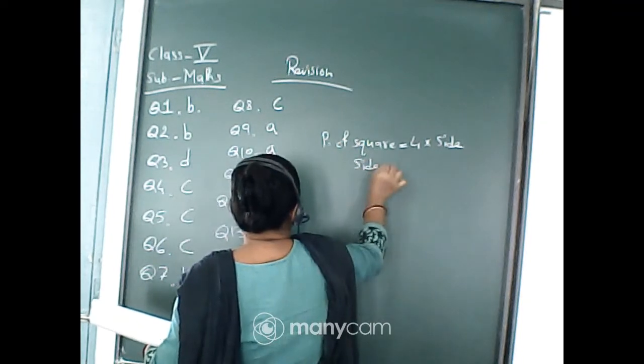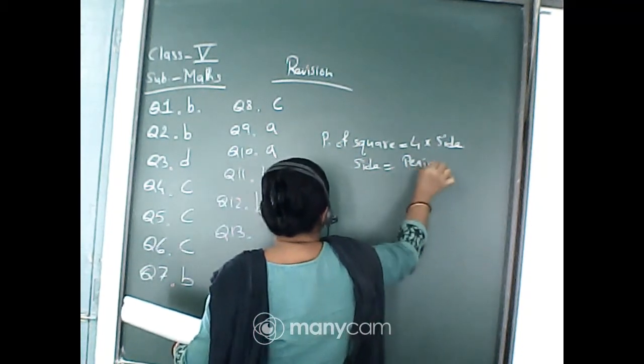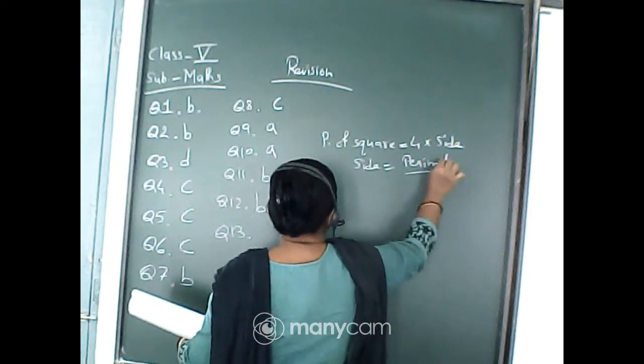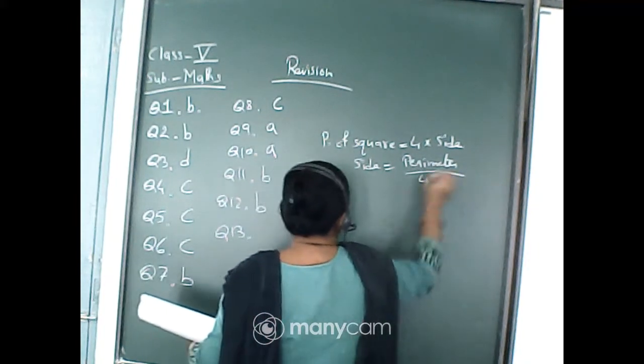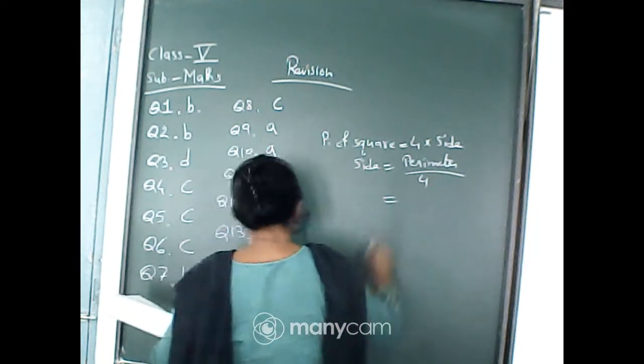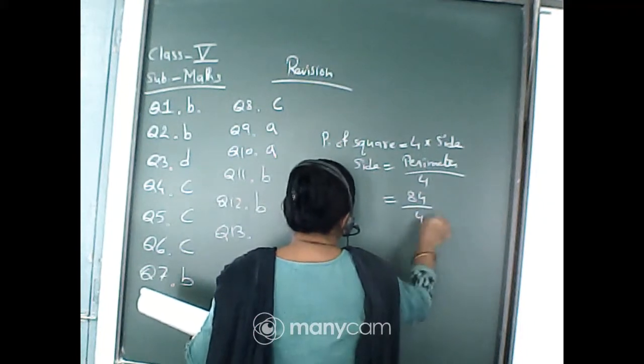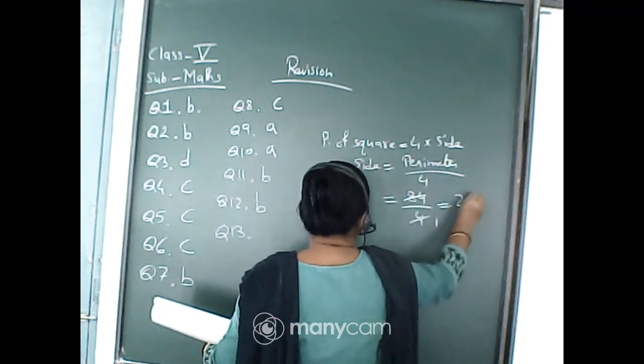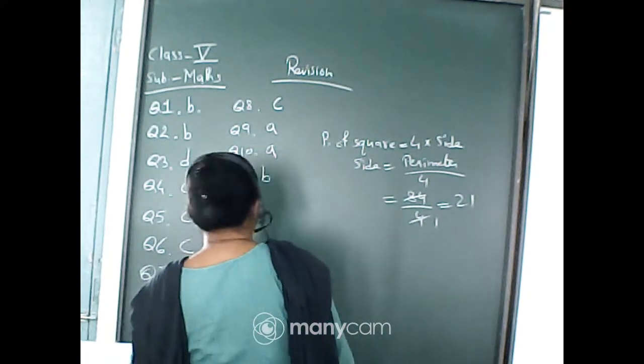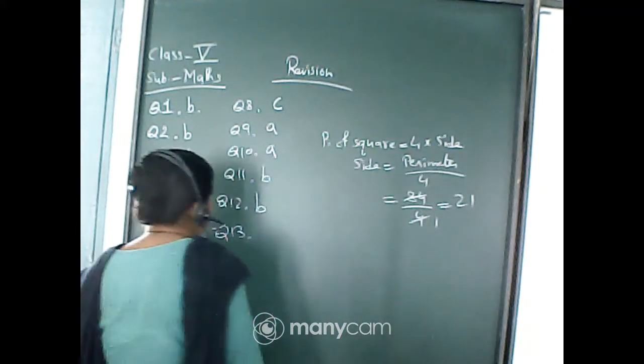Therefore side is equal to perimeter divided by 4, that is 84 divided by 4. So 4 2s are 8, 4 1s are 4. That is 21. So 21 is the side.